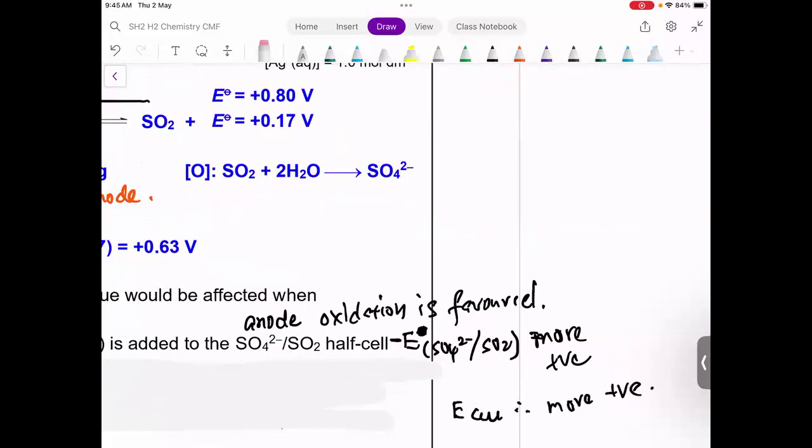Am I clear on this? So we are talking about the anode and oxidation is favored. So the whole thing becomes more positive. Therefore, E cell is more positive.